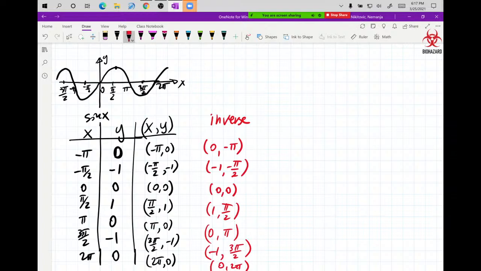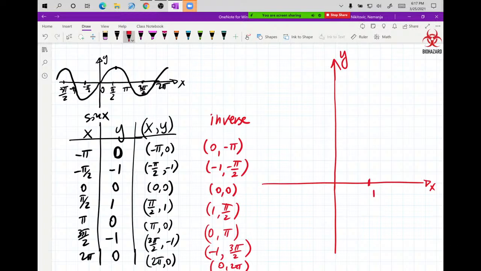So I can, let's keep red, draw an x and a y. And let's pick 1 unit and negative 1 unit, because look, your x's are just switching between negative 1, 0, and 1. Just taking one of those values.